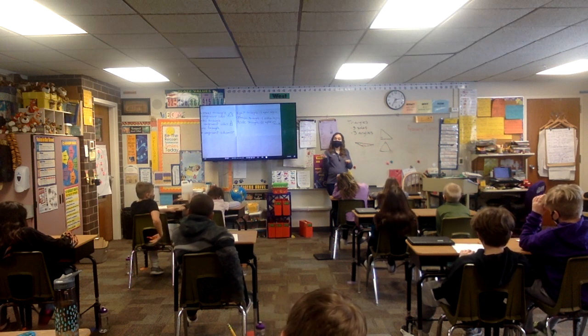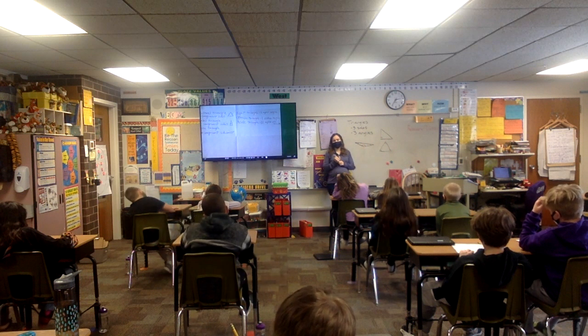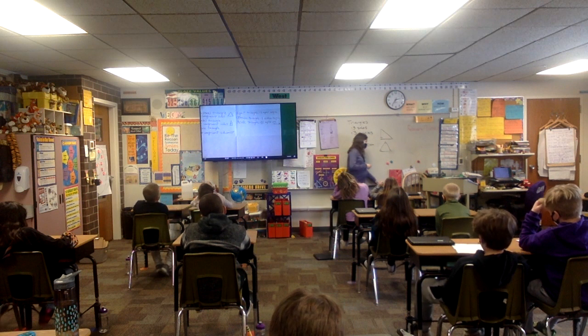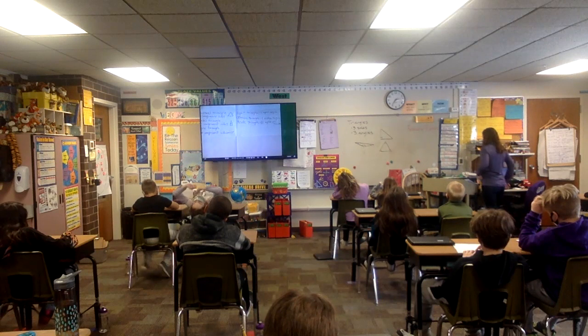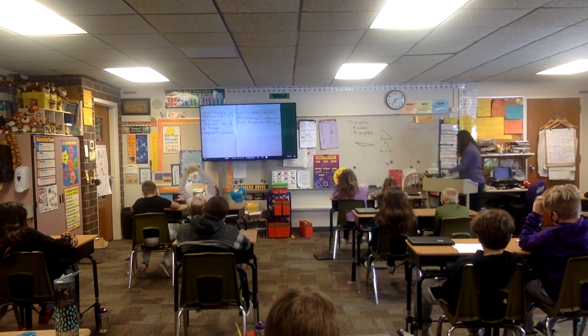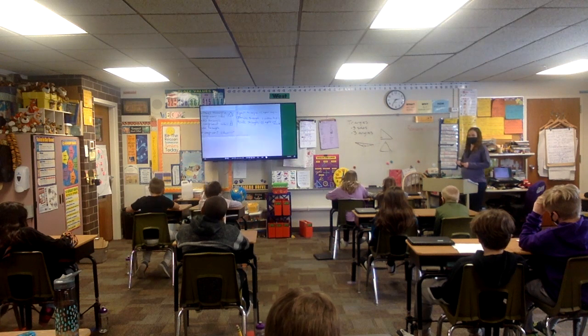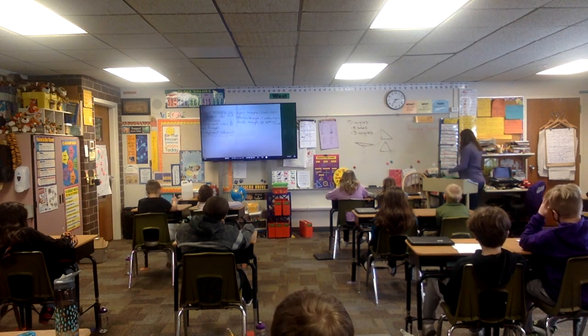So it's going to be an acute triangle if it doesn't have a right angle and if it doesn't have an obtuse angle. Got that? Awesome. Okay, so now that we know we can classify triangles 6 different ways, let's look at a few. Everybody have that written down? Okay.